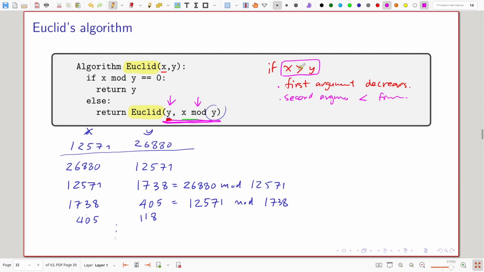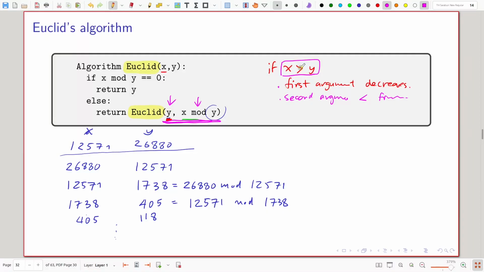Okay, so this proof, except the first call, if x is less than y, then it switches. Then that's it. This is the only time when x is less than y. It can be in the first call. But after that, x is larger than y, and then x always decreases. This means the algorithm terminates.